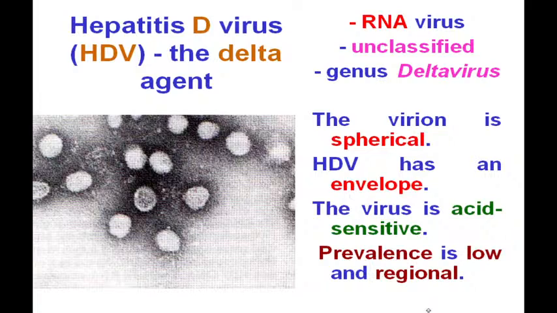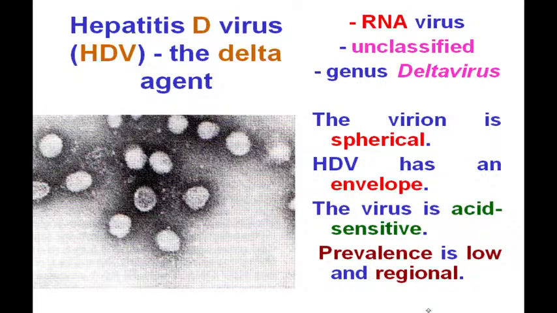Few words about hepatitis D virus. This is a small RNA delta agent. It is unclassified because this is a defective virus.